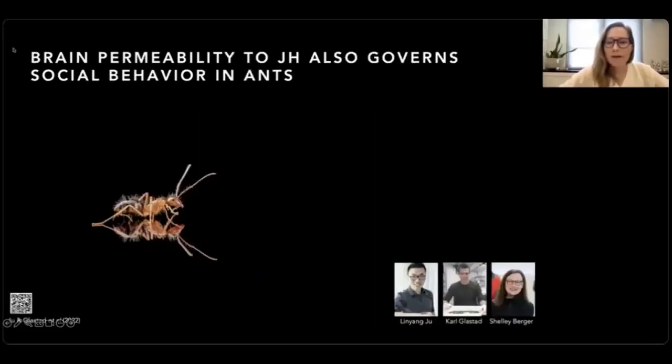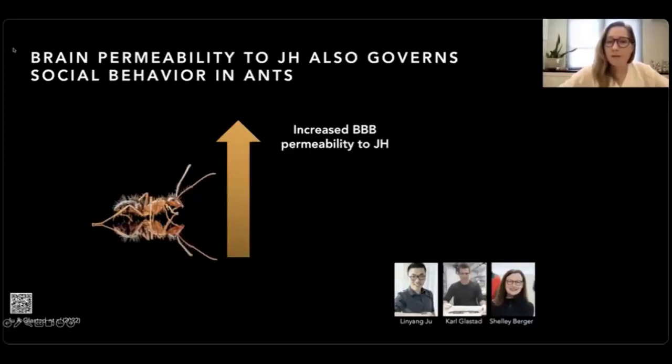And through work with collaborators, we've also found evidence that the regulation of juvenile hormone in the brain also modulates social behavior in ants. So in the study led by Lin-Yang Zhu and Carl Glastad in Shelley Berger's lab, they found that the blood-brain barrier acts as a hormonal gatekeeper. And through manipulation of a gene that can increase the permeability of the blood-brain barrier to juvenile hormone, you can measure subsequent increases of juvenile hormone in the brain, and this leads to higher rates of foraging in these individuals.